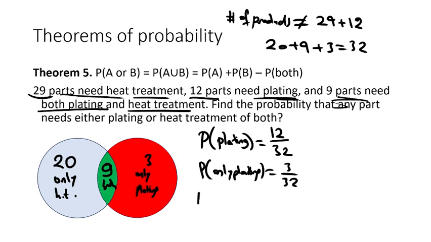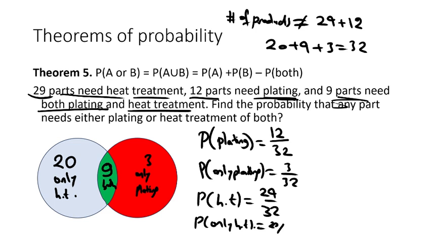Similarly, the possibility that they need heat treatment is 29 by 32. The possibility that they need only heat treatment is 20 by 32. Okay, anyway, you can go this way and find it, but we have to go back to our theorem.